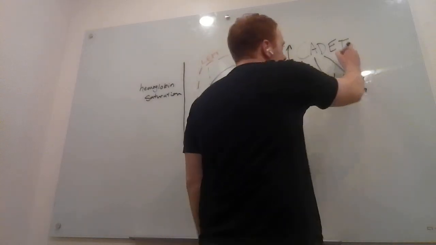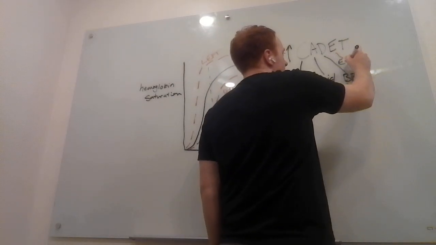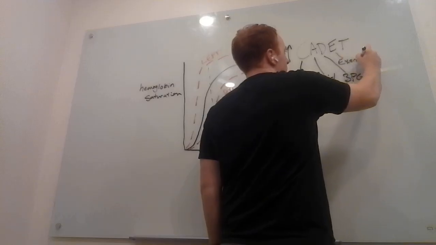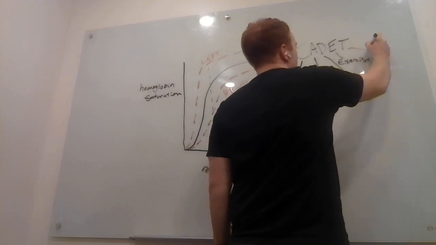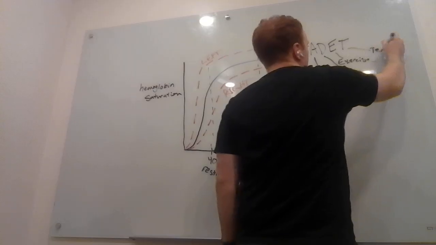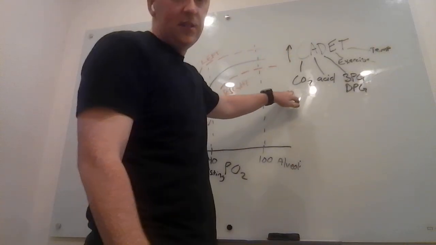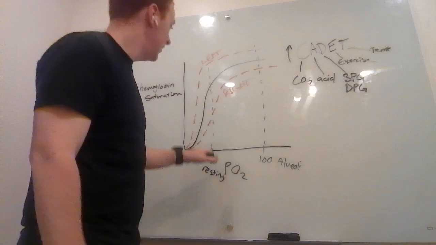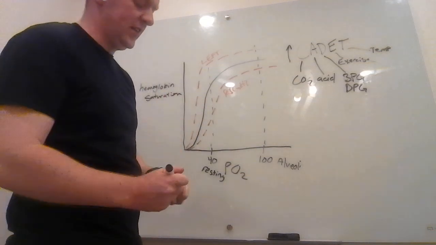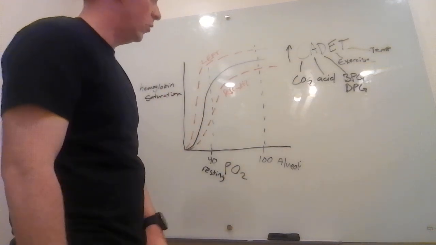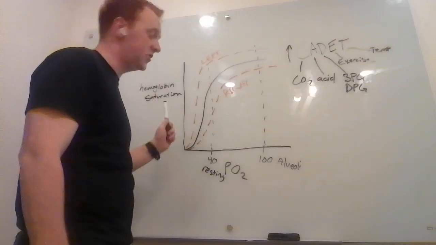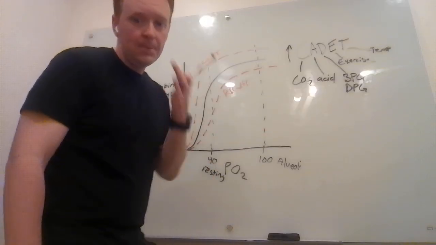And then E stands for exercise. And T stands for temperature. Increase of all of these things will shift the curve to the right. Decrease in all of those things, or an increase in pH, will shift it to the left.